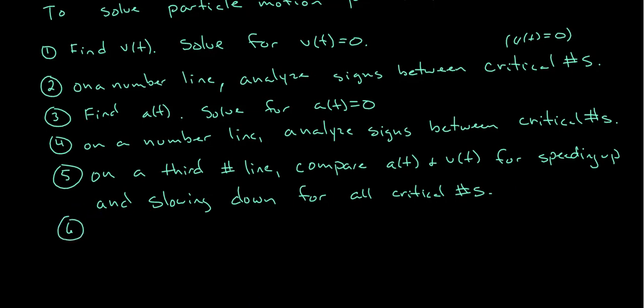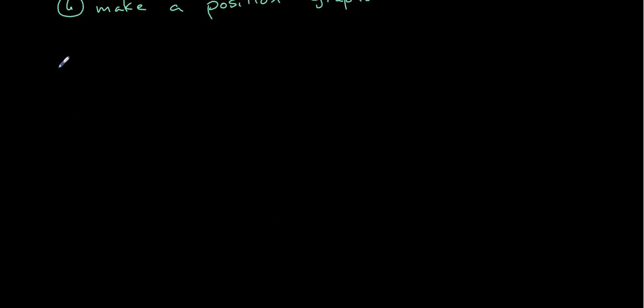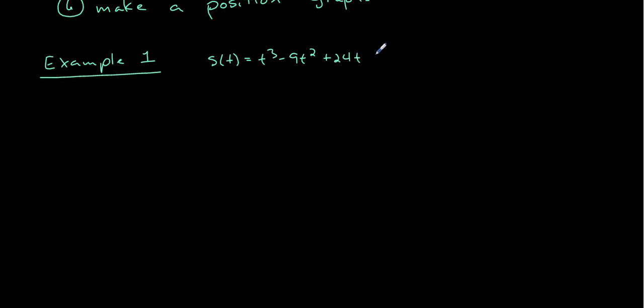Step 6, we'll probably make a position graph. We did that first thing, right? All right, S of t equals t cubed minus 9t squared plus 24t plus 4.